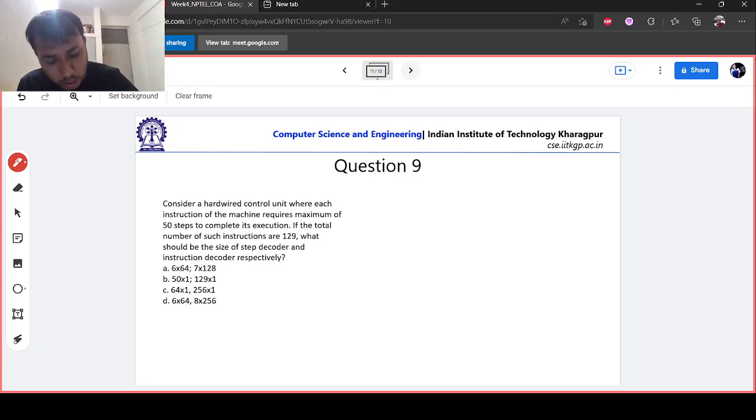So what is a decoder? In a decoder, n select lines can have 2 to the power of n outputs.